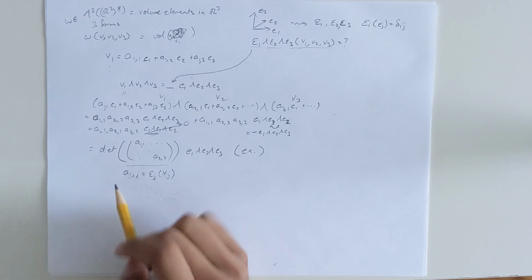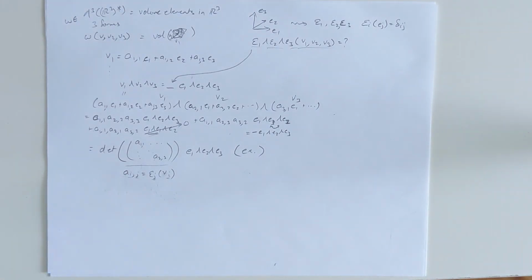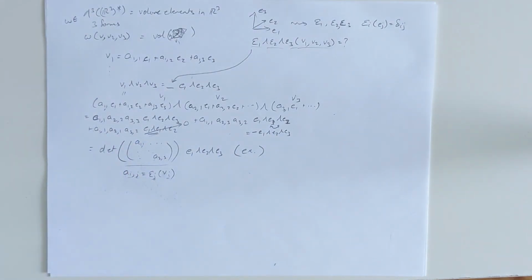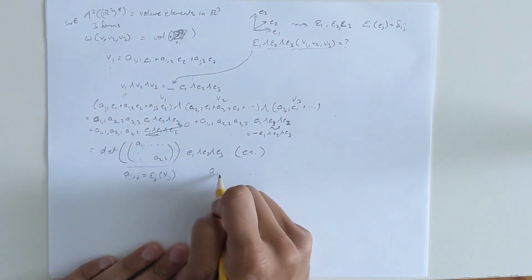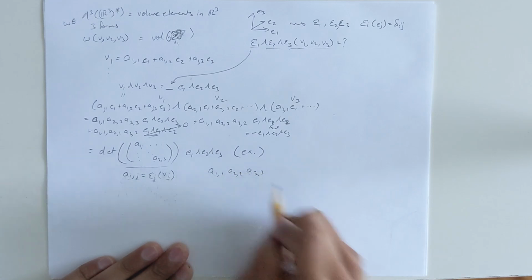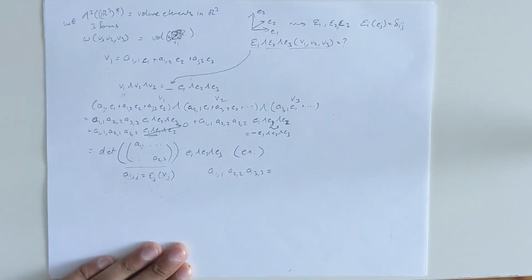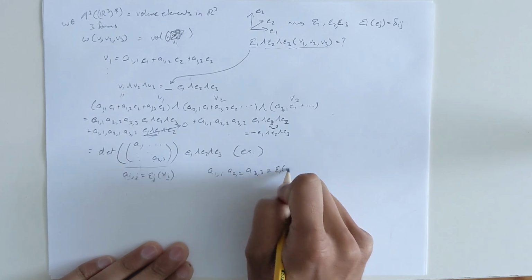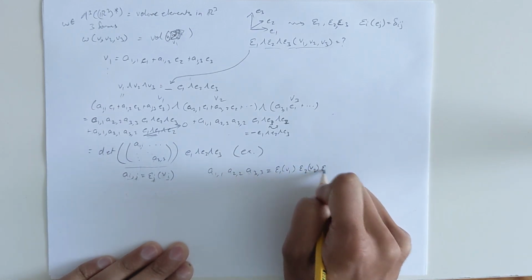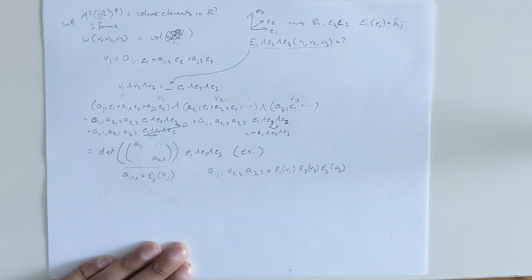And so I guess in retrospect I should have flipped the indices, but it doesn't really matter too much. And so we can look at what each of these terms looks like in terms of the epsilon j and vi. So this first term would be A11, A22, and A33. And so this will be epsilon 1 v1, epsilon 2 v2, and epsilon 3 v3.